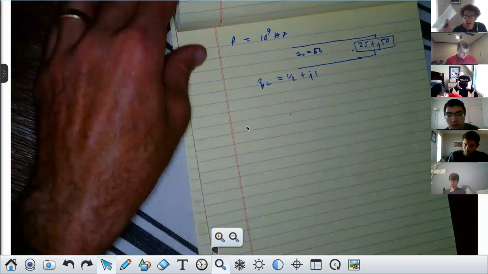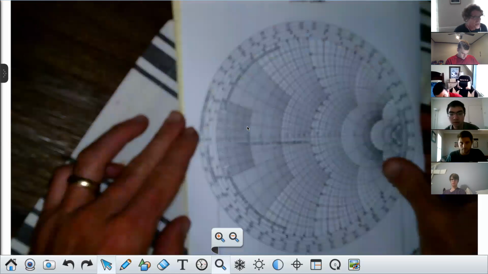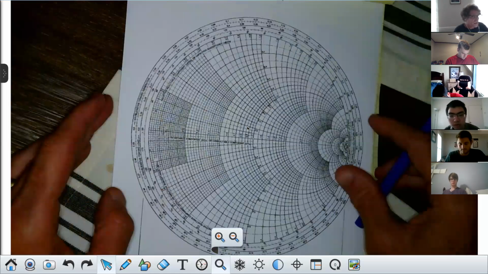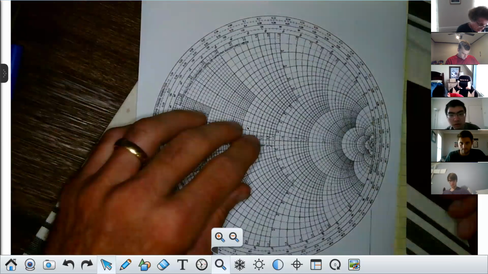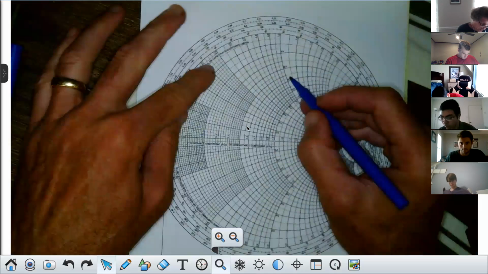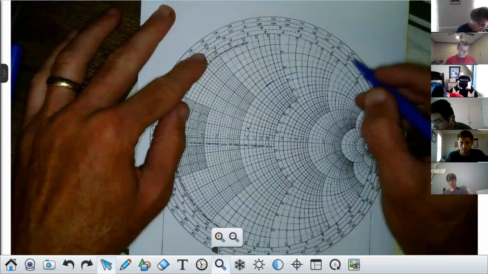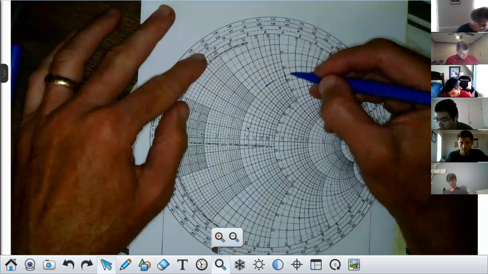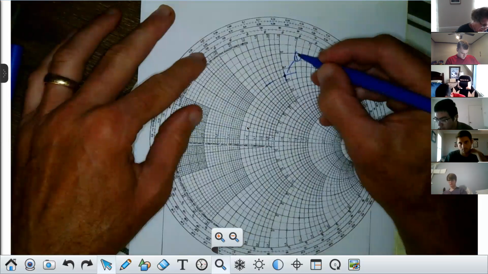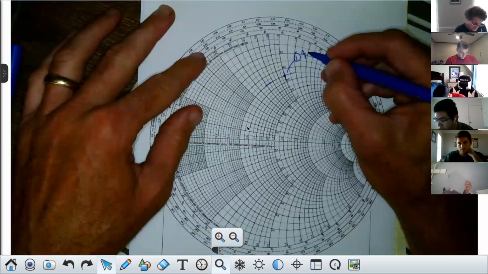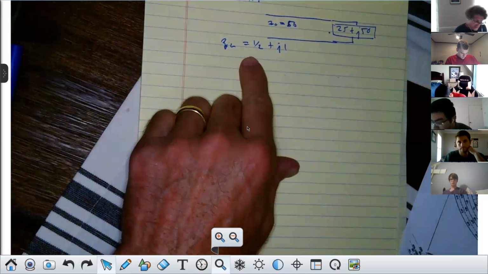Now I take my Smith chart and I locate that point. That point, 0.5, is right here, right? And J1 is right here. So this would be my point, ZL, which happens to be 1/2 plus J1.